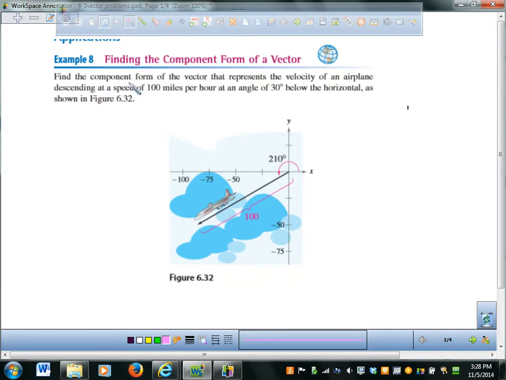So with this one, it says find the component form of the vector that represents the velocity of an airplane descending at a speed of 100 miles per hour.